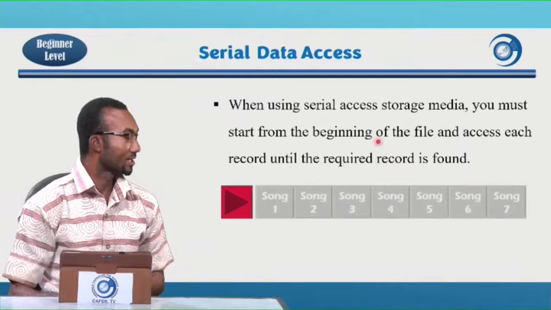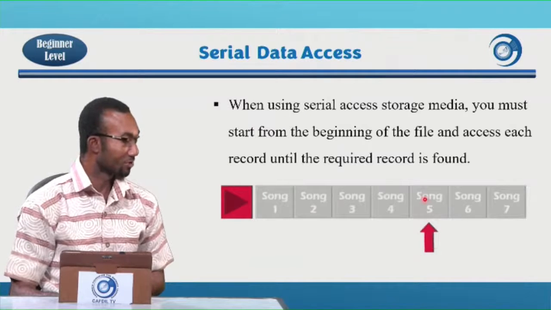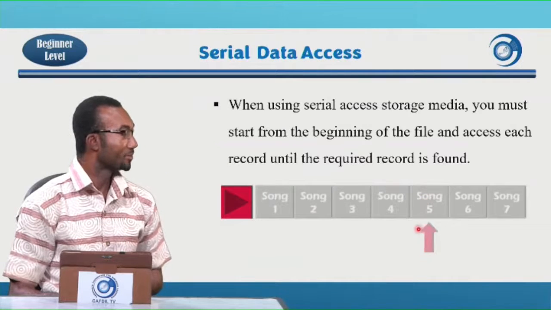So let's look at this example. I have a media containing 7 songs, and I want to play song 5. If I'm using a serial data access media, then what does it mean?